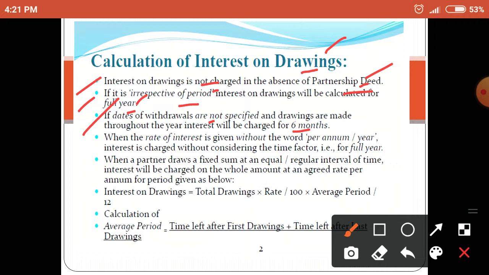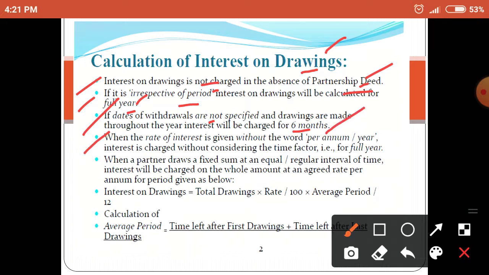Sometimes an amount will be given in the problem, but the specific date on which the partner withdrew the amount will not be mentioned. In such a case, interest on drawing is to be charged for 6 months.